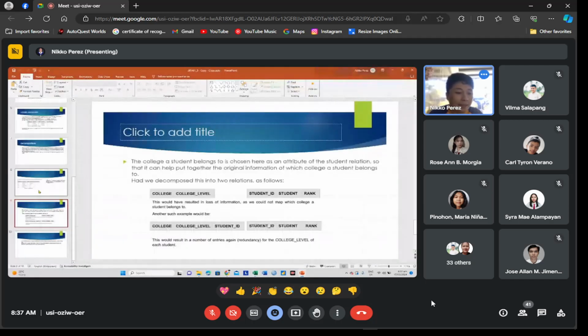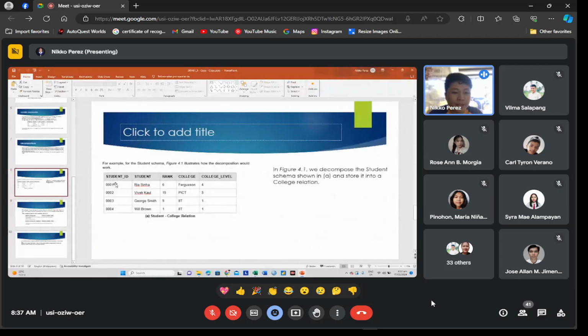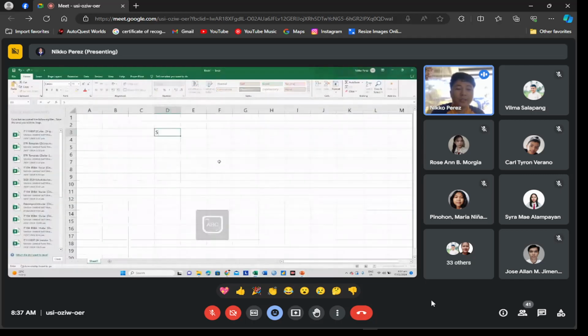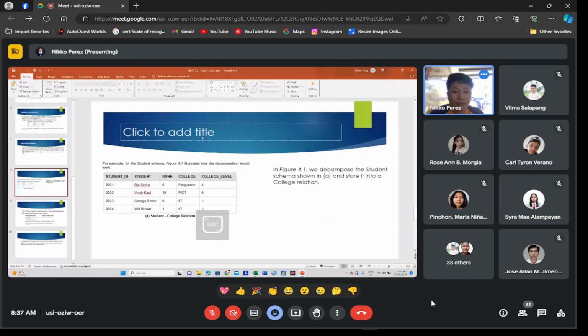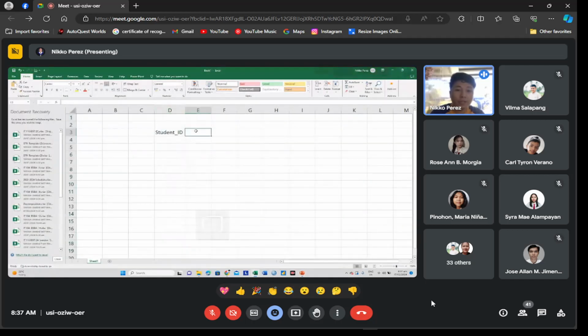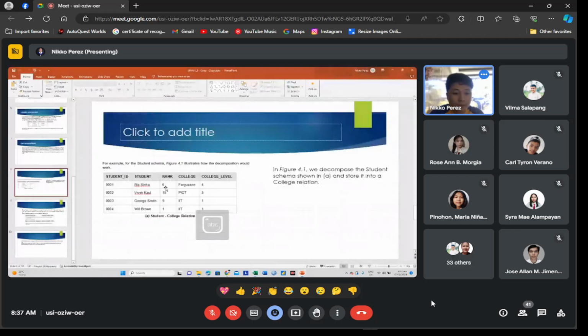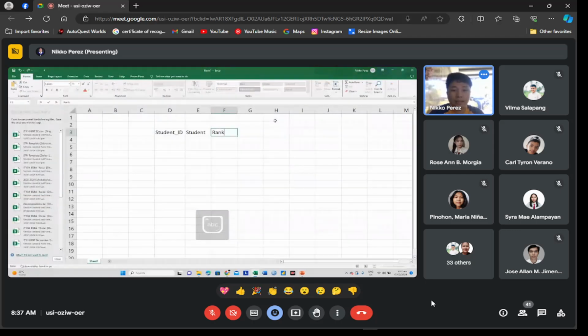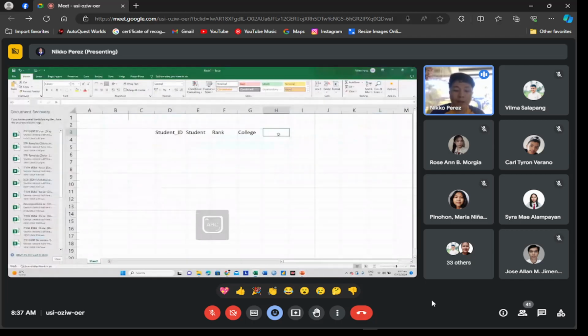Before that, let me grab first the entire record as our reference. We have here the student ID, then the name of the student, followed by the rank of the student, the college. We are talking about the same table from our previous example.